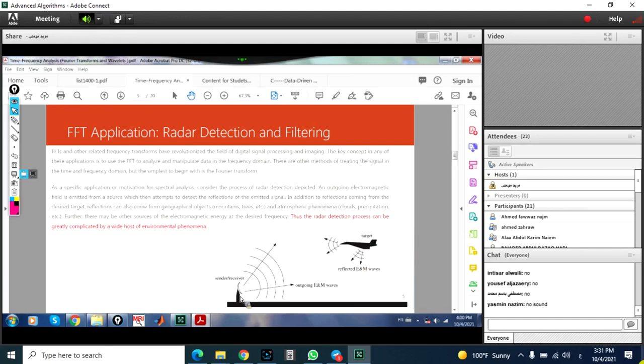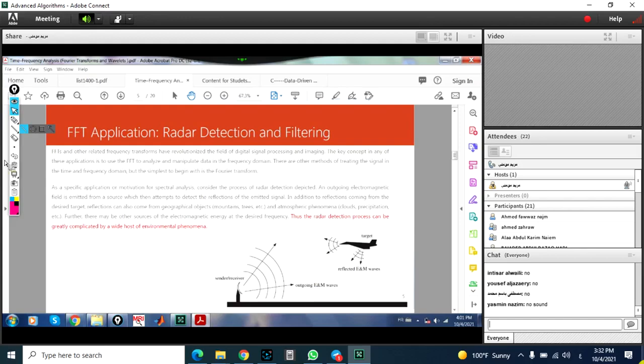It sends electromagnetic waves to the target, and the target reflects a part of them, which the radar receives. This way the radar can understand the place of the target and can track it ideally.